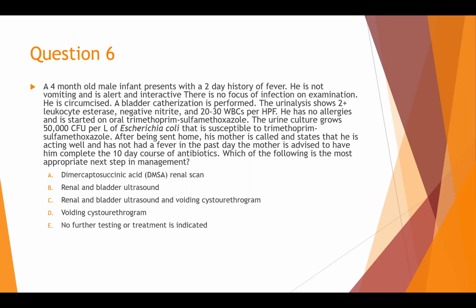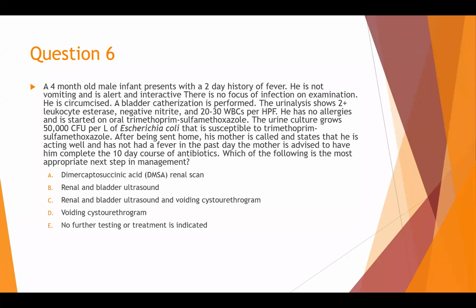All right, I think there's maybe 1 or 2 more. So a 4-month-old presents with a 2-day history of fever, not vomiting, is alert, no focus of infection. He is circumcised. He's cathed. Urinalysis shows 2+ leukocyte esterase, negative nitrite, 20 to 30 whites.